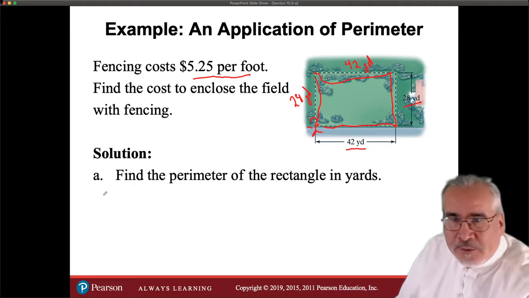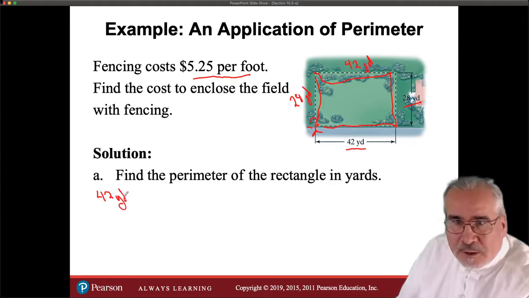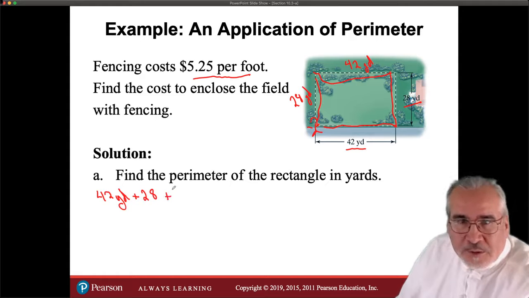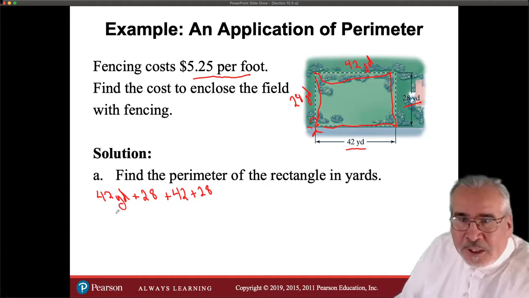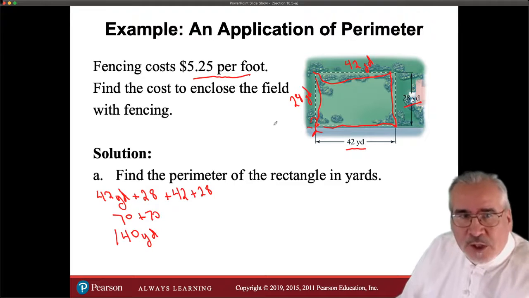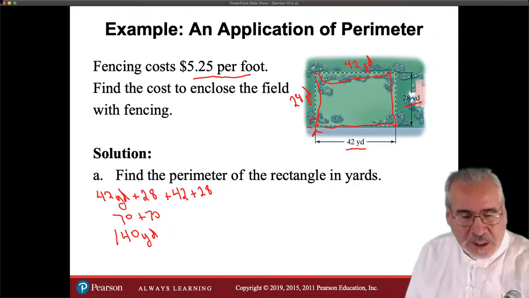So we've got 42 yards plus 28 yards plus 42 plus 28. If we add all those together, we're going to get 42, the 8 makes that 50, plus 2 more, that's 70. That makes this 70, and 70 are 140 yards. Okay, so we just took a walk around the rectangular field.